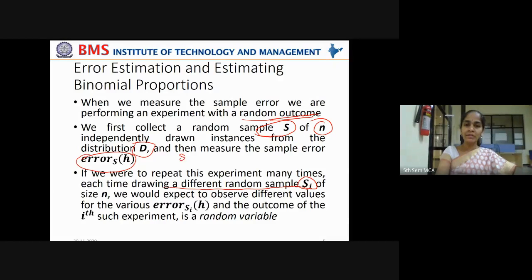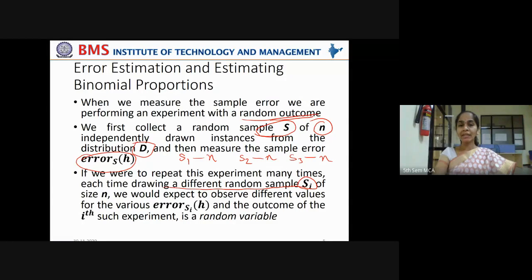In S1, say sample 1, you have taken n instances. Again, you're taking a different sample in the next experiment, and that also contains n instances. Now you have taken another sample S3 containing again n instances. Each time you are taking an equal number of data points for the sample, but picking them randomly. That means you are not sure that the sample contains the same instances.